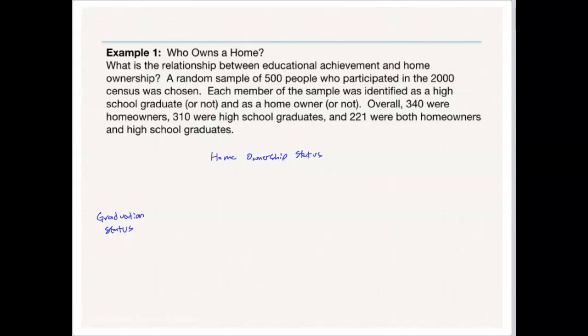And for both of those, I'm just going to either say yes or no, meaning yes, they graduated high school, or no, they did not. For these, same thing. Yes, they own a home, or no, they do not.